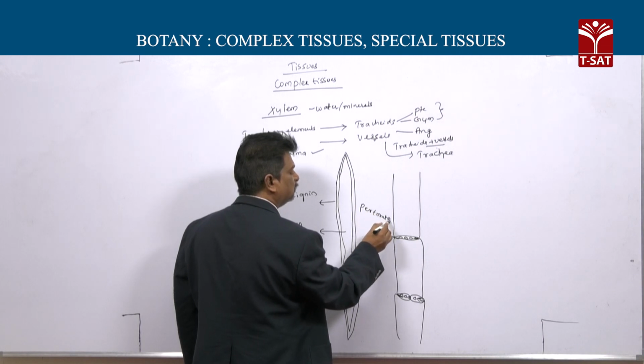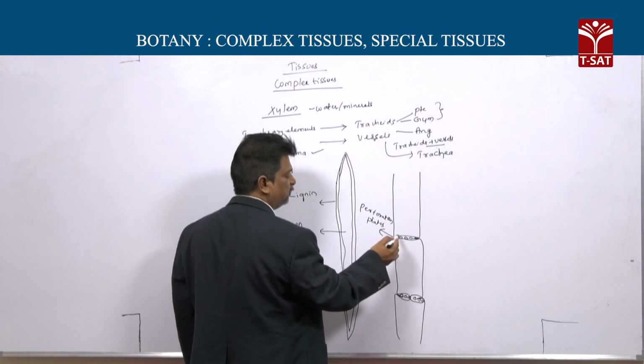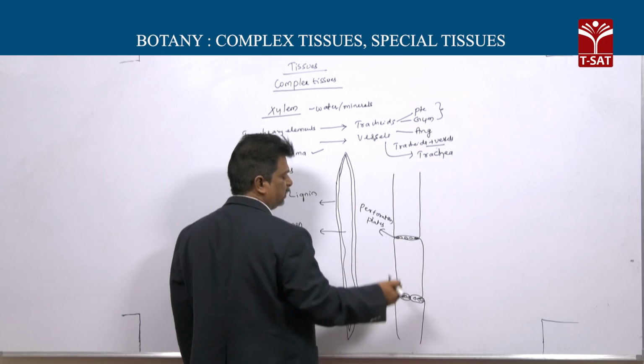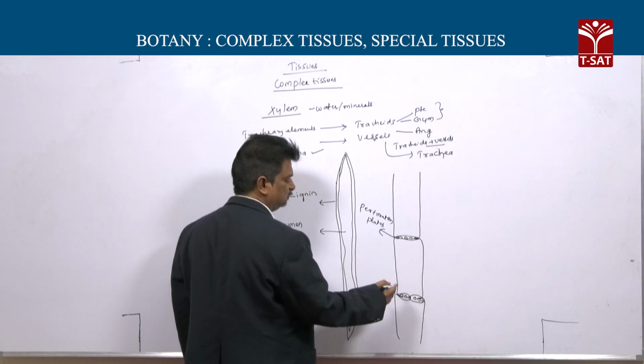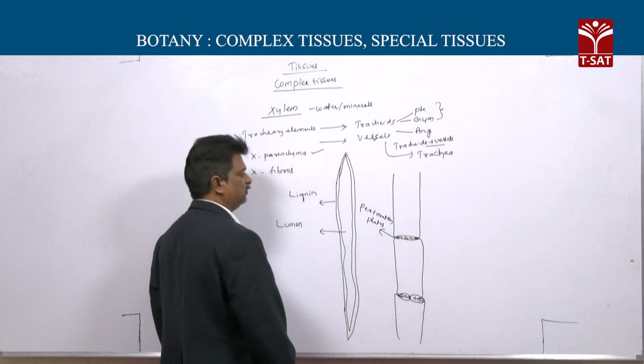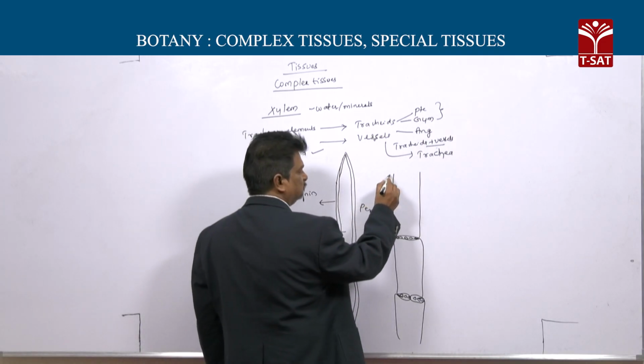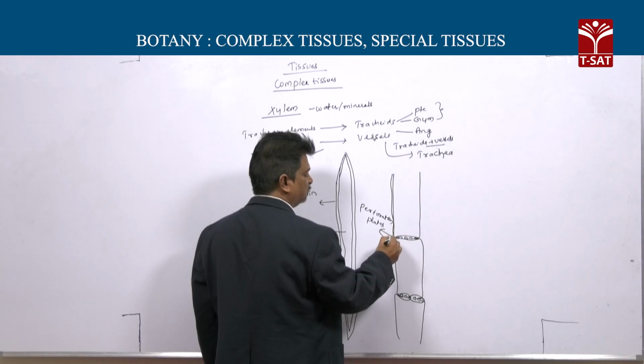Then there are two types of perforation plates. One is a simple perforation plate, where the entire end wall has one perforation, or a compound or multiple perforation plate, where the end wall has many perforations. Then like tracheids, even vessels are dead cells.